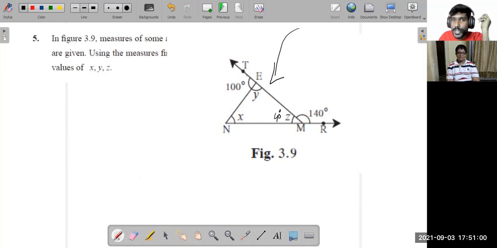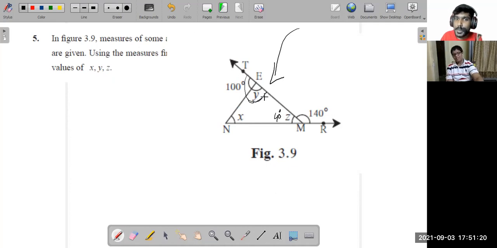Can you see these two angles are also in a linear pair?